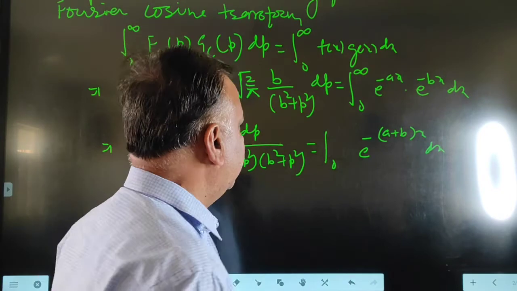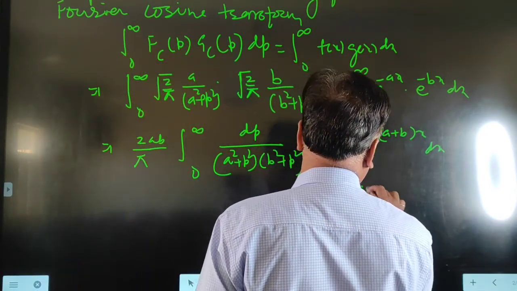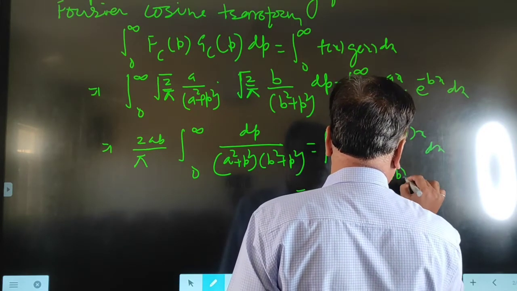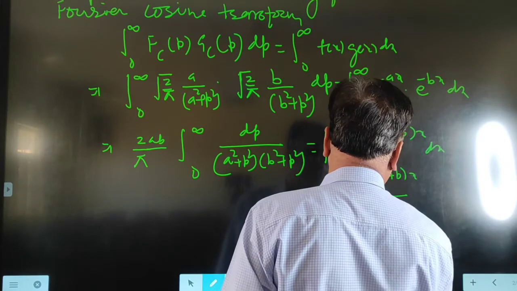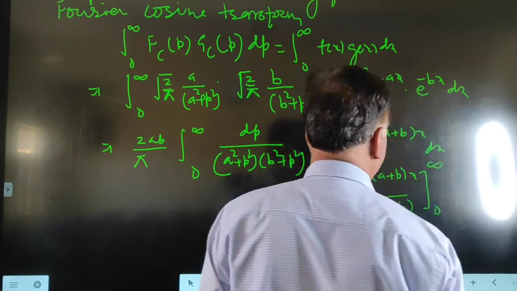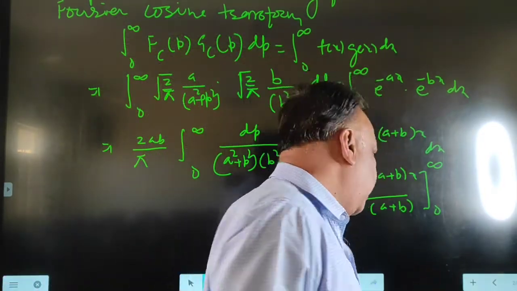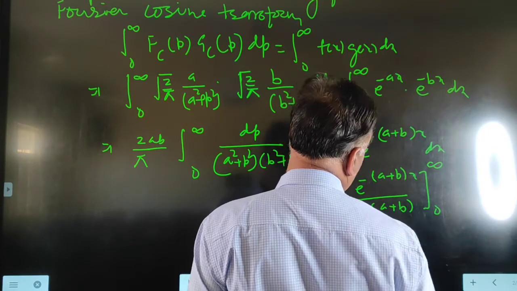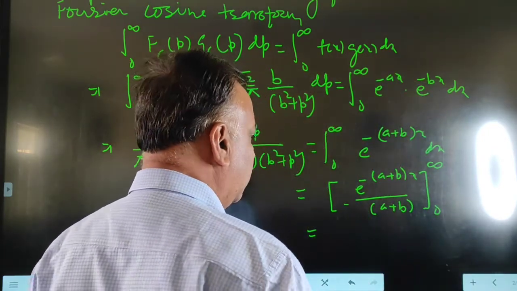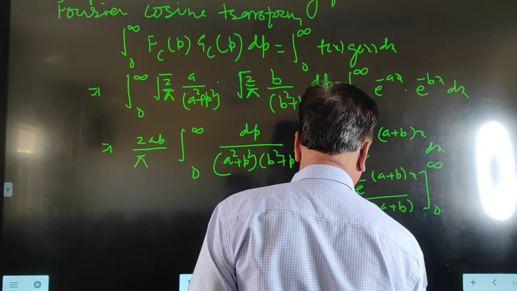Now if we integrate the right hand side, we get e raised to minus (a plus b) into x upon minus of (a plus b), and the limits are from 0 to infinity. If we put the limits of x, 0 and infinity, we get e raised to minus infinity is 0, e raised to 0 is 1, so this is 1 upon a plus b.